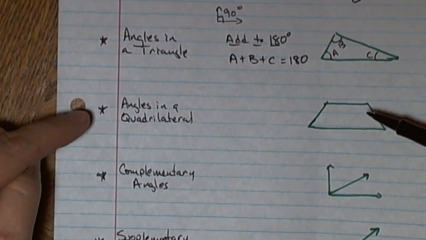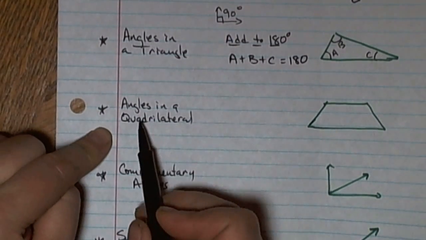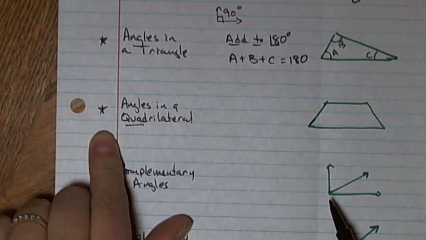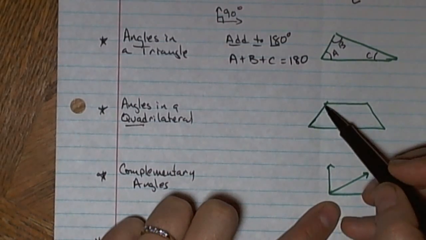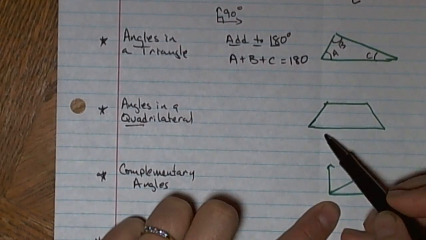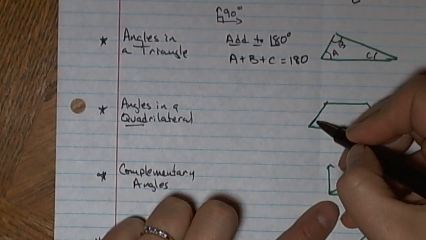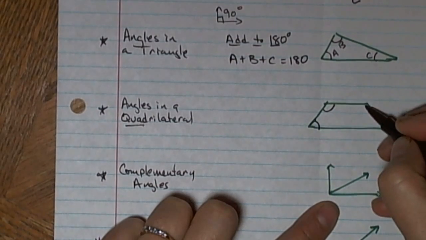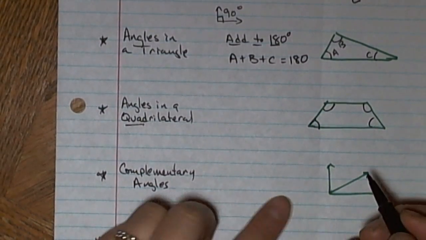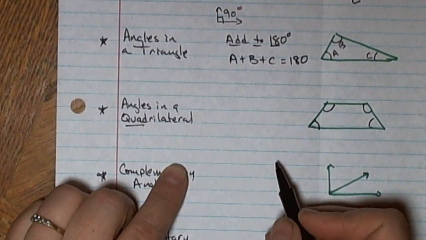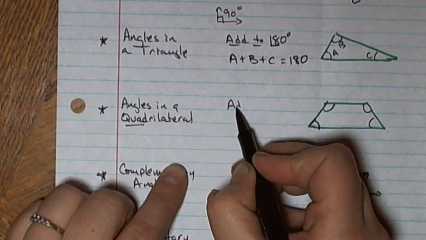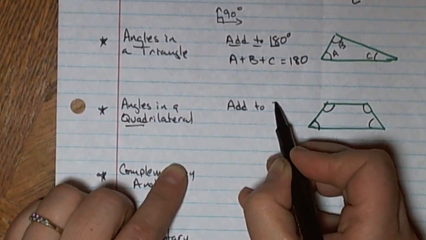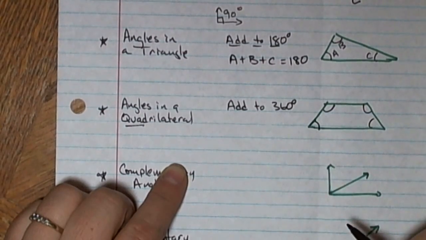The next relationship is the angles in a quadrilateral. Quadrilateral means a 4-sided figure. So if I have any 4-sided figure, the angles inside it are all going to add up to 360 degrees. So the angles of a quadrilateral add to 360 degrees.